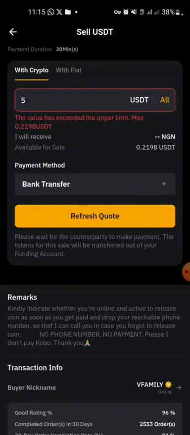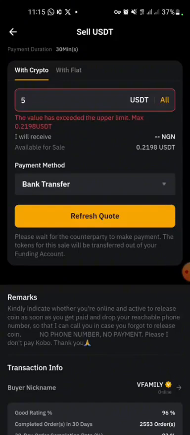Make sure you confirm that your money has arrived first before you come back here to release, because once the vendor marks that he has paid you, the release button, where you have to release the token, will be made available. So you must confirm that he has paid you first before you come back and release your coin.